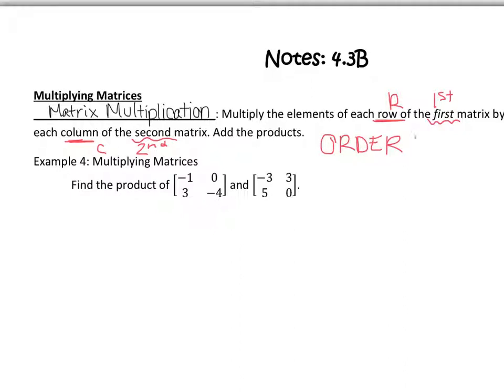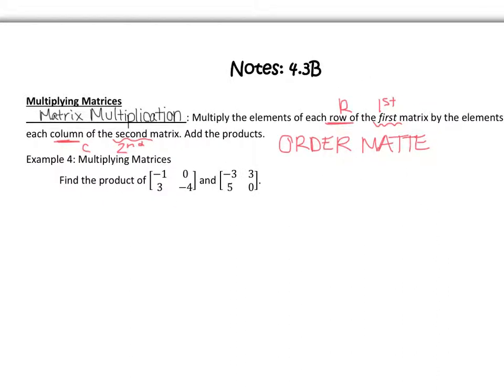The order that the matrices are written definitely matters. If you change the order from the problem that they give you and flip-flop it, you're going to get completely different answers. So don't do that. Once we multiply the elements of the row of the first times the elements of the column of the second, we'll add the products.